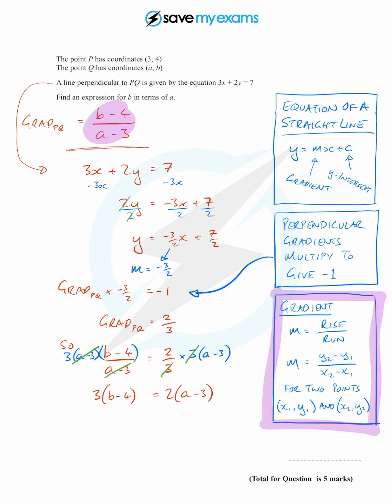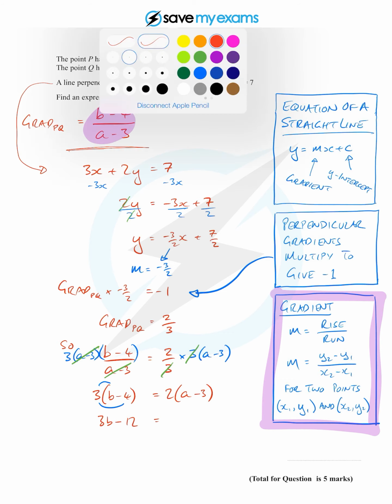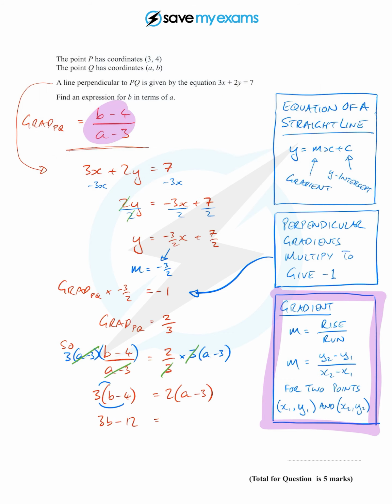We're nearly there. Let's multiply out the brackets. 3 times b and 3 times minus 4 gives me 3b minus 12. On the right, 2 times a and 2 times minus 3 gives me 2a minus 6.